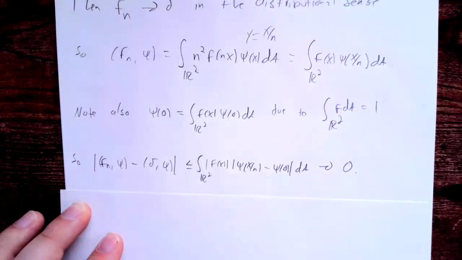This is a linear function, so it's equal to its own derivative. The determinant's going to be 1 over n squared. You might want y equals nx if you're going to go from left to right.